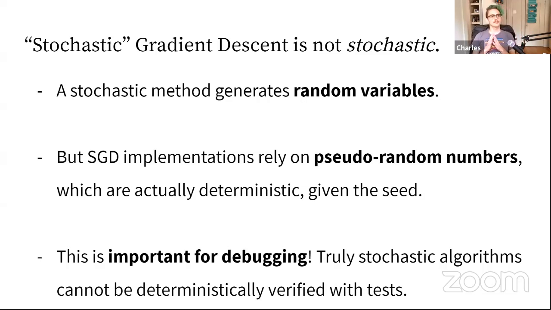So the way that this is managed is that there is a seed number that determines the behavior of your code. So if you set a seed, the behavior of stochastic gradient descent becomes entirely deterministic. So if I want, I can actually recreate the exact training process for a network if I know the seeds for the pseudo-random number generators that went into training that network.